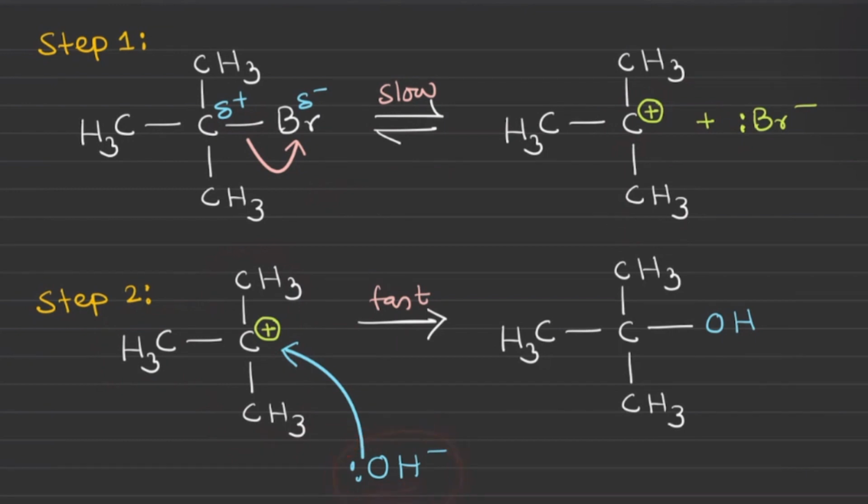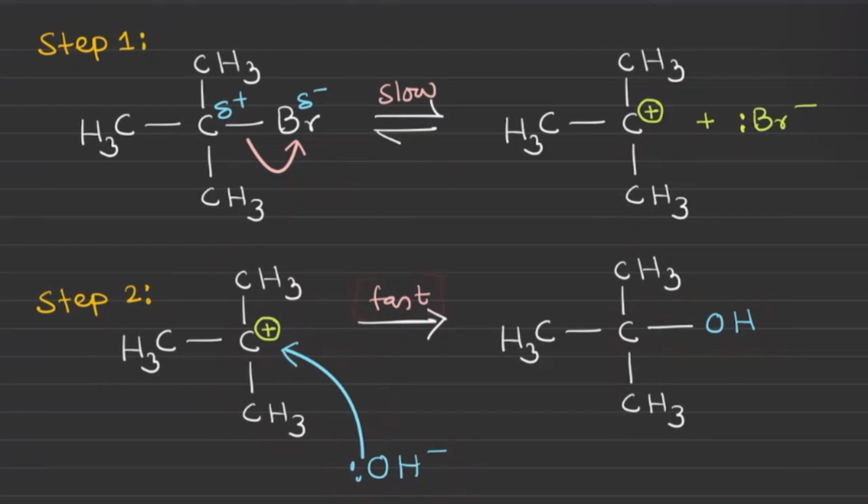We are heating the whole solution with the hydroxide ion, so the hydroxide ion is always there, and when we are heating it under reflux, the hydroxide ion can attack this positive charge immediately. It produces a carbon-hydroxide bond, which is very strong, and so this step is irreversible and very fast, and thus it produces a tertiary alcohol.